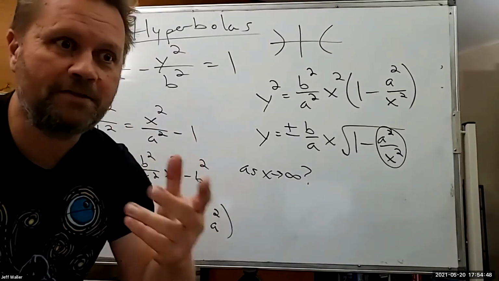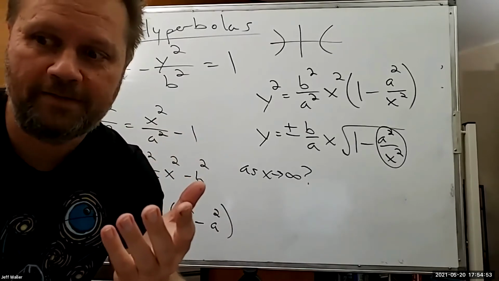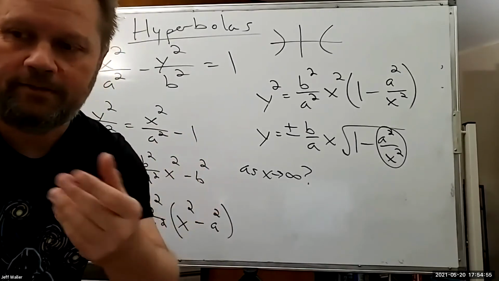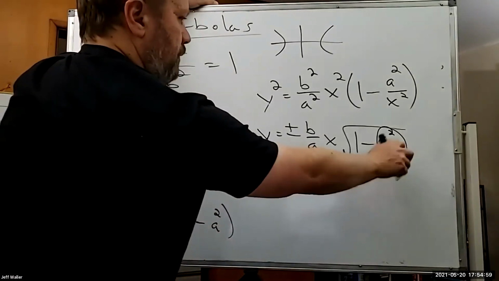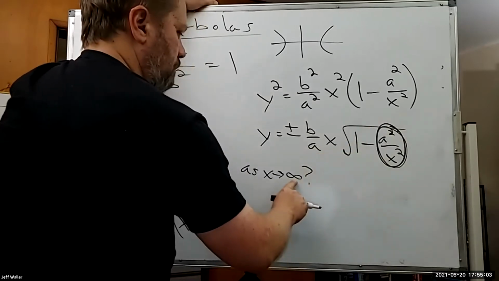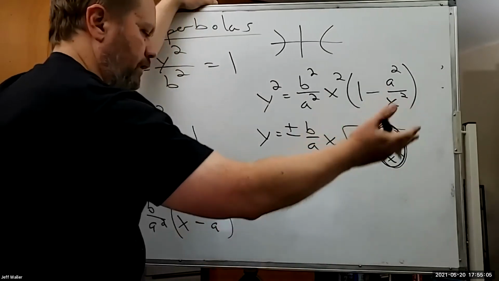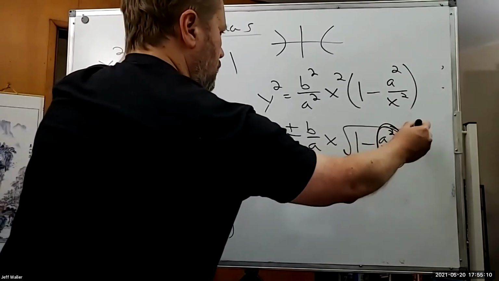Isn't a just a number? Are you with me? Yes, like 3 or something. So as x gets really big, this gets really small. When x approaches the biggest possible thing, which is not really a thing, as x continues to grow, this continues to shrink, goes to 0.